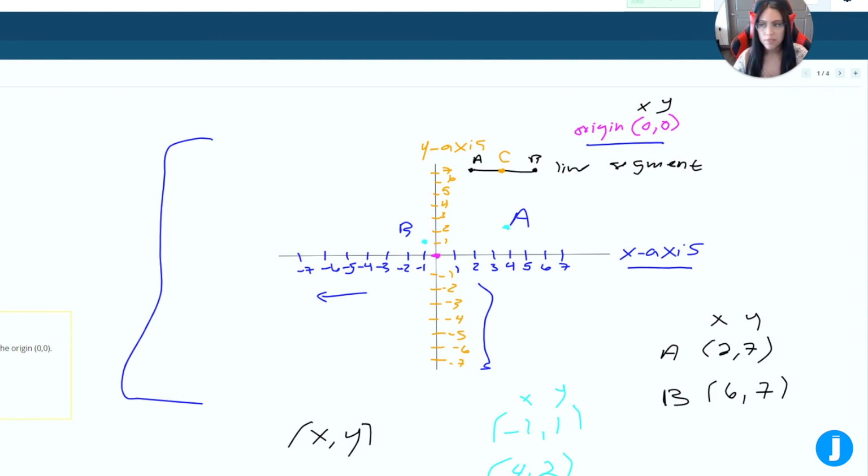But if we were to say this was, let's get rid of that A and that B so they don't confuse us, if we were to say this is point F, then A and F are not collinear because they're not on the same line. We could draw a line between them and then they would be collinear, but since we don't actually have a line drawn to them right now, they're not collinear as of yet. Awesome.